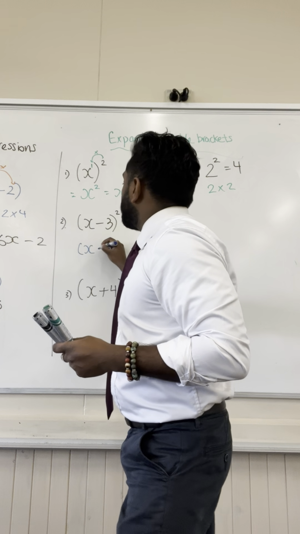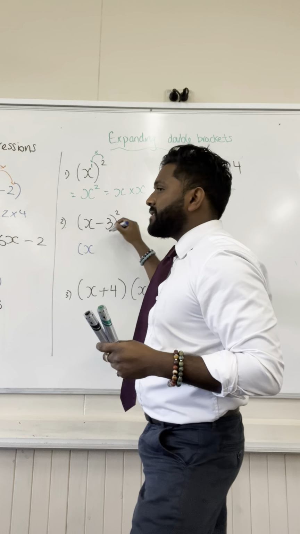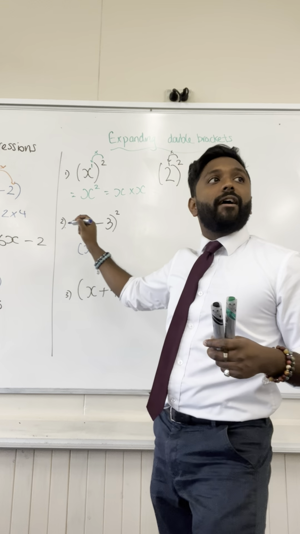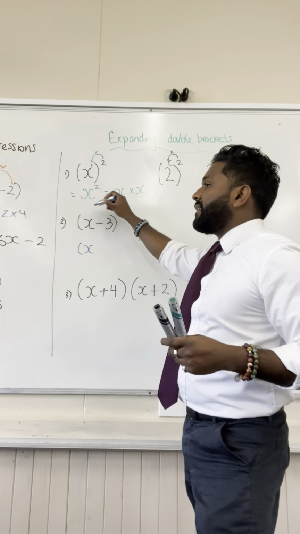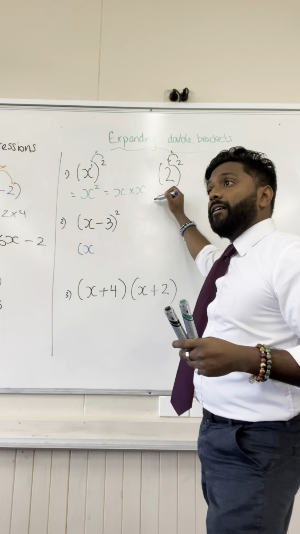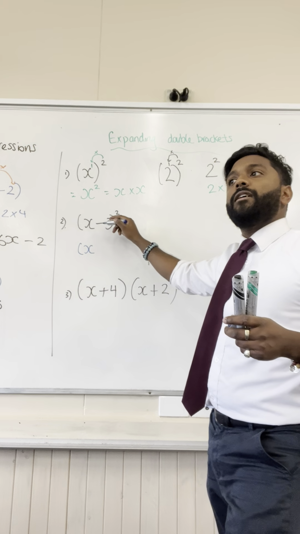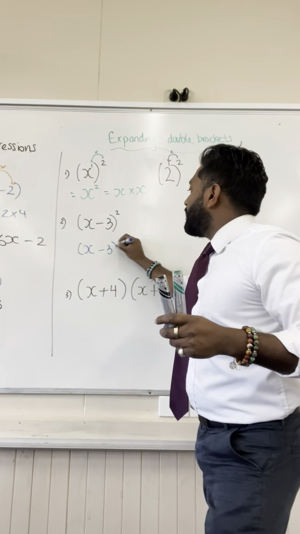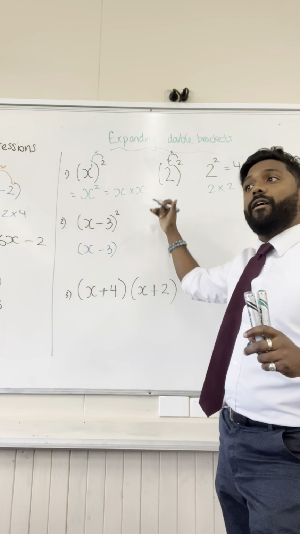X. Yeah, but then whatever's inside the brackets is being multiplied again by itself. So whatever is in these brackets is being multiplied again. So what's in these brackets here? X minus 3. That's being multiplied again by what?